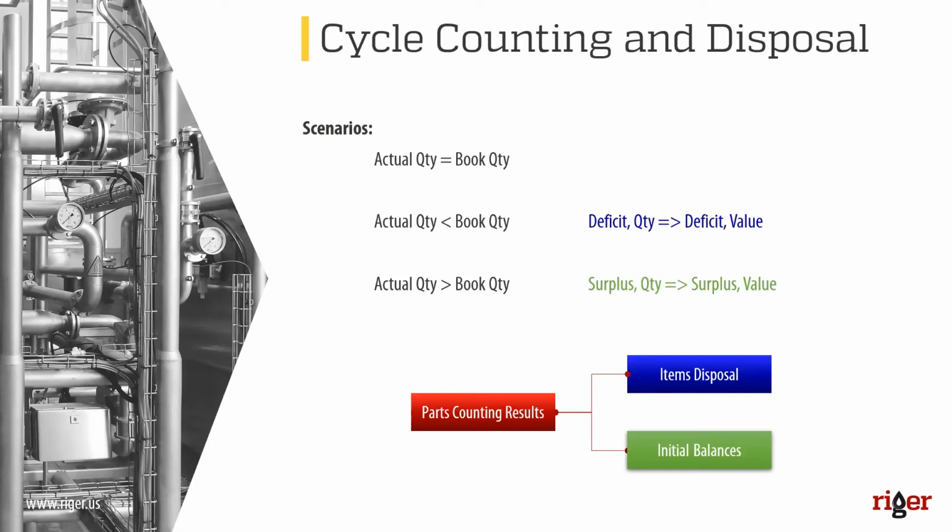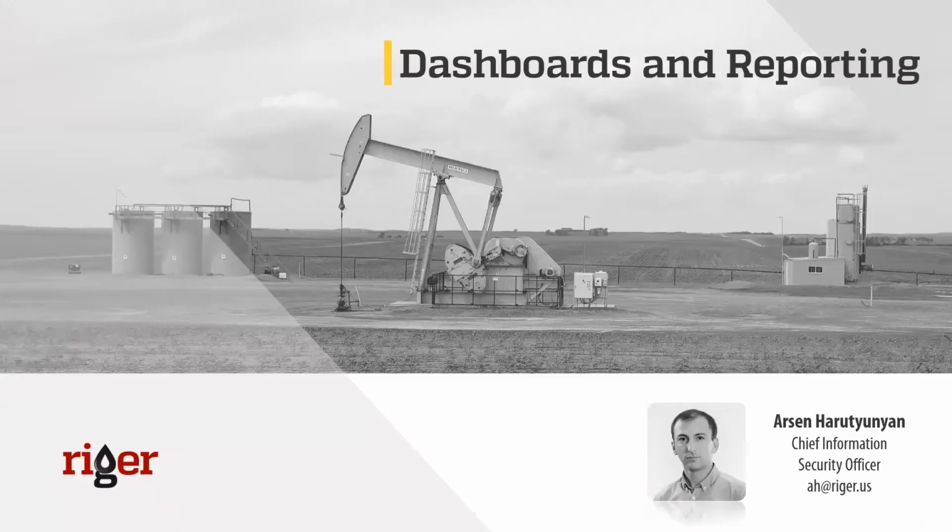So just to give you an idea, we have the parts counting results, and if we have a deficit, we will use the item disposal document, and we will correct our results and our book quantities. And if we have a surplus, we will use the initial balances document, and we will correct our balances according to that document. Moving on, let's see what we have next.